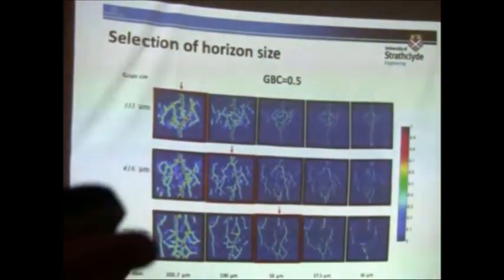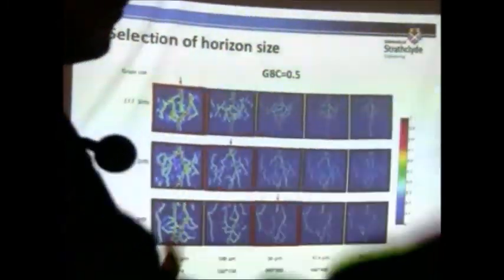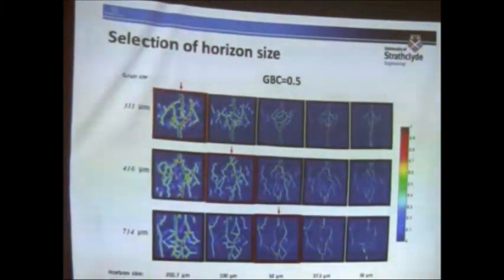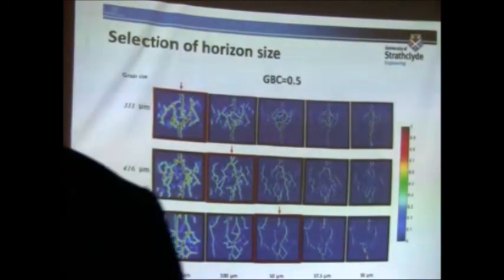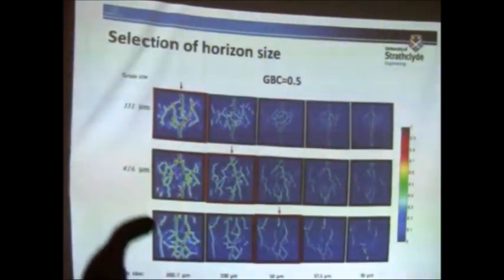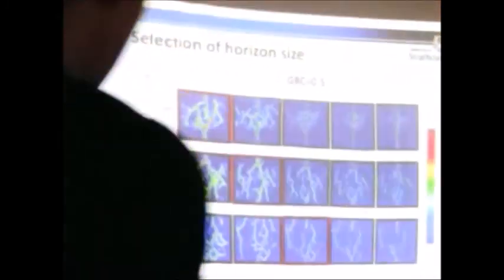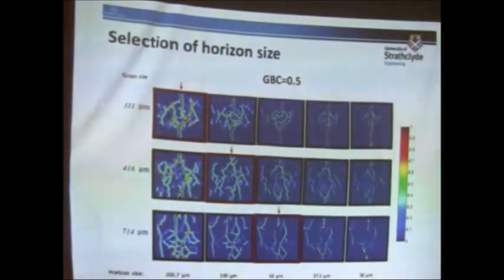We also look at the effect of grain size. So we just change the grain size to see how it influences the results. And also, in many cases, since we are doing a numerical analysis, we are doing some type of discretization, and we just want to make sure that the size of our discretization can give us consistent results.